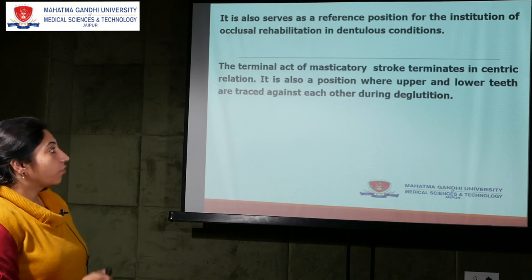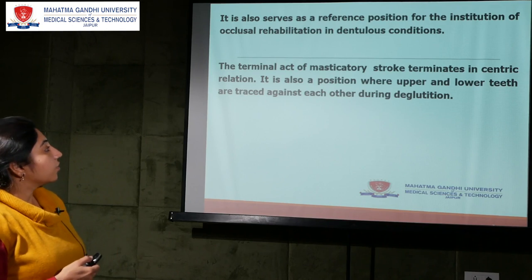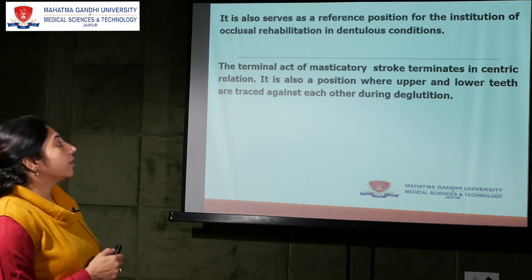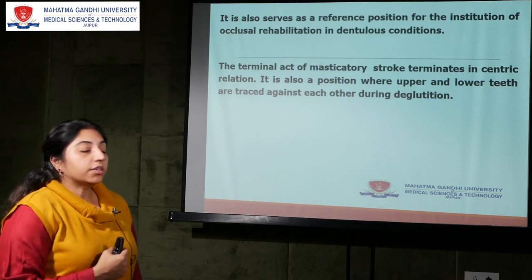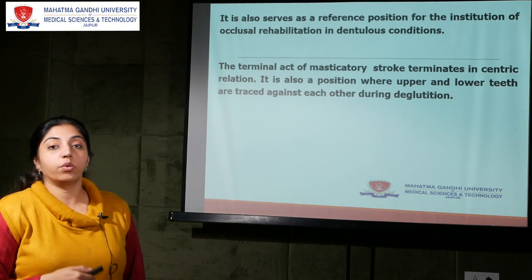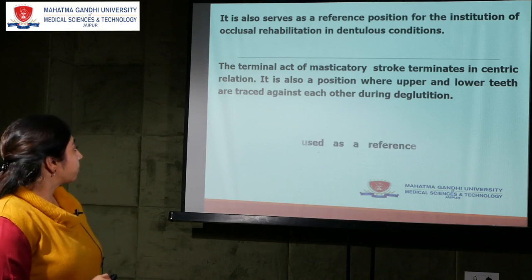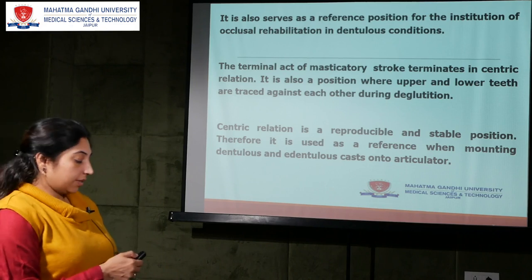This is in continuation with the previous point. The terminal act of the masticatory strokes ends at the centric relation. It is also the position where the upper and the lower teeth come in direct contact while you are swallowing, or during deglutition. Centric relation is a reproducible and also a stable position.